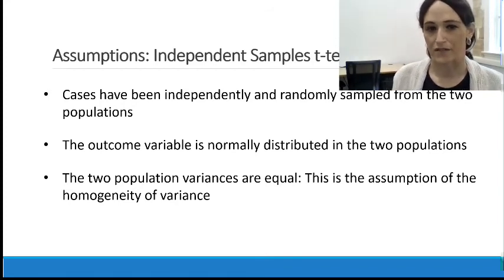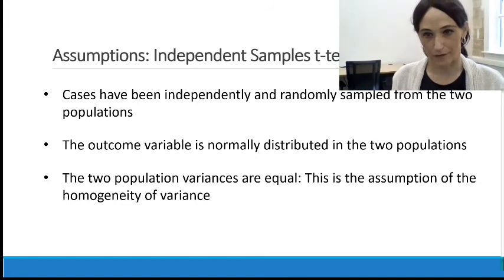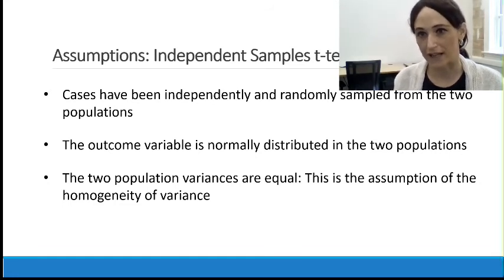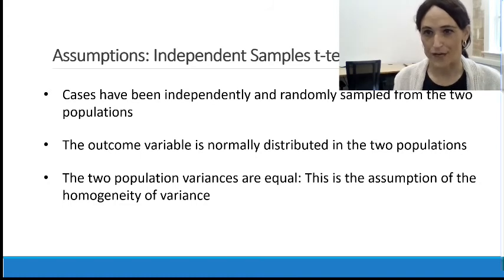The two population variances are assumed to be equal. This is an assumption of the homogeneity of variance. We can actually formally test this as we're doing our work, and if we violate this assumption, we're not in too much trouble. We can do a correction if there is not equal variance. So that's something we're going to look at as we do t-tests.